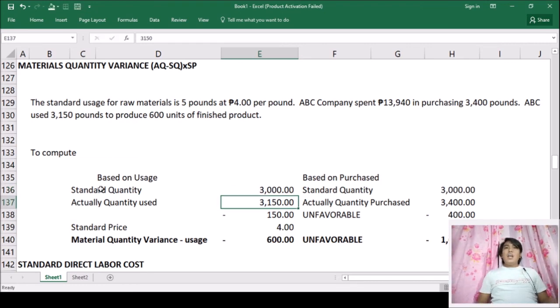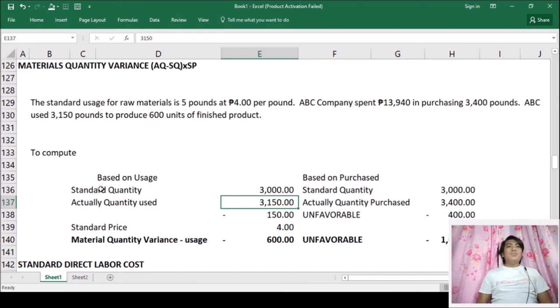The 3,000 came from the 5 pounds for each unit multiplied by the number of units actually produced. The actual quantity used, since the problem is silent, we will base on the actual quantity used. So that is 3,150, which is clearly provided in the problem.